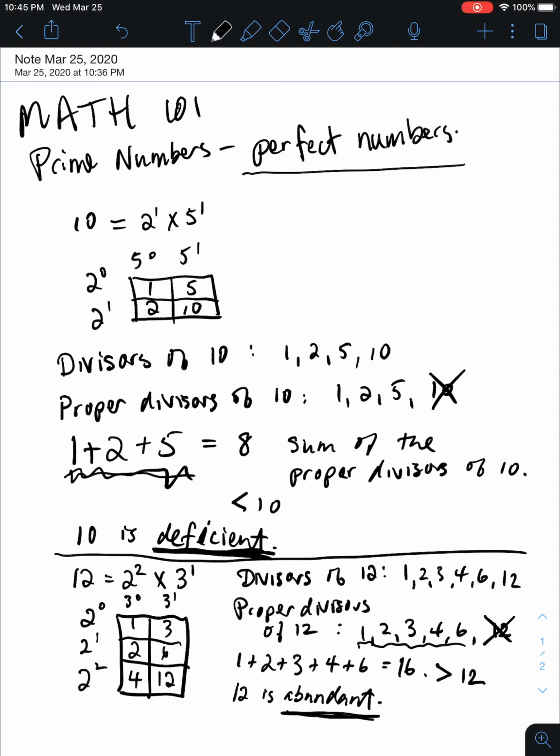So those are 2 definitions that we have, and you can pick any number. Pick the number 18. Tell me, is it deficient or abundant? Pick the number 22. Tell me, is it deficient or abundant? Try a prime number like 7 or 19. Tell me if those are deficient or abundant. All right, so those are some exercises for you to do.